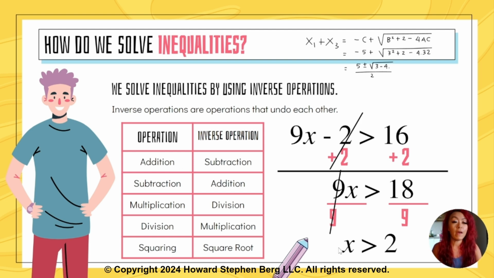It's every value greater than 2. It's not just one value. It's everything greater than 2. So some values in our solution set would be 3, 4, 5, 10, 105, 215.7. Anything and everything that's greater than 2 is part of our solution set.